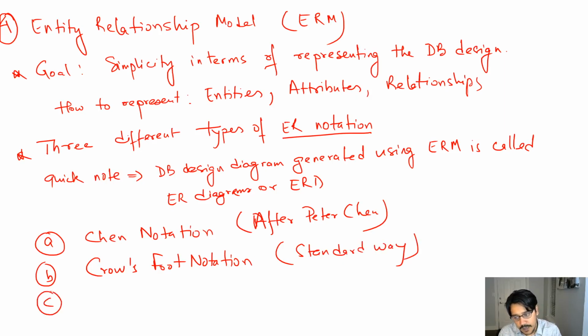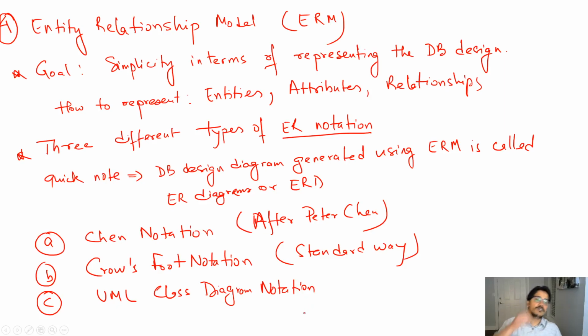And then you have the Unified Modeling Language, UML class diagram notation. Basically this is mostly used when you are doing more object-oriented modeling in your data model, but you can also use it if you're trying to generate ERDs. But the standard way is mostly to use the crow's foot notation.